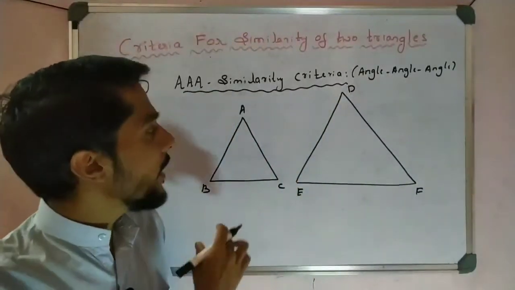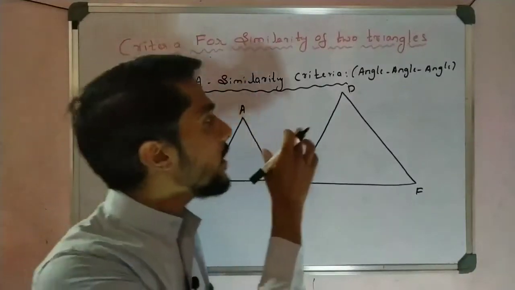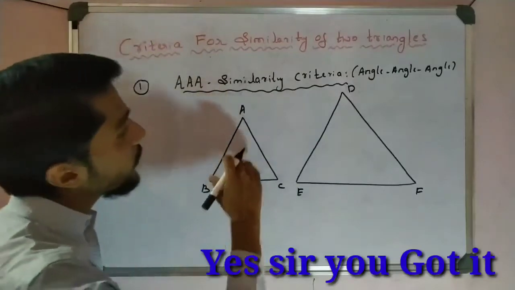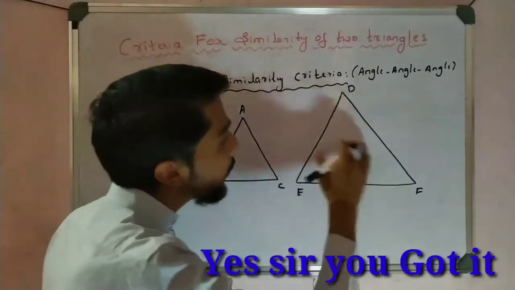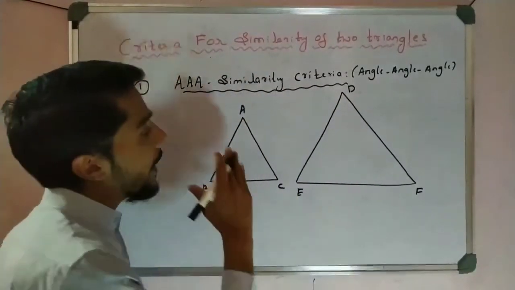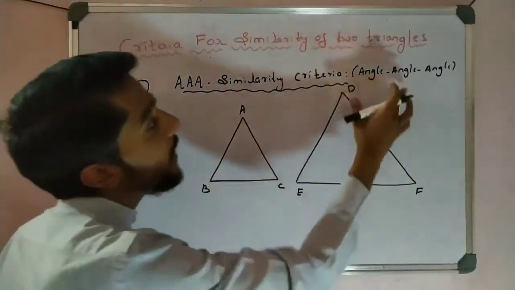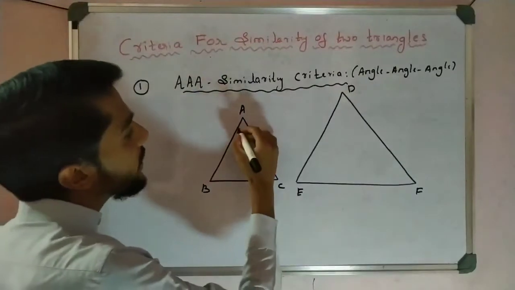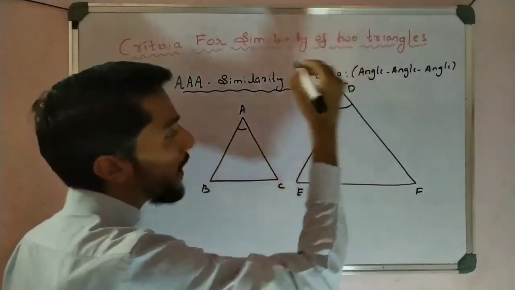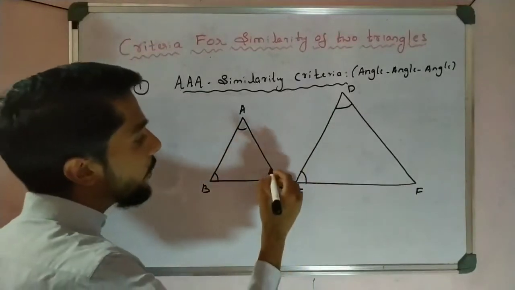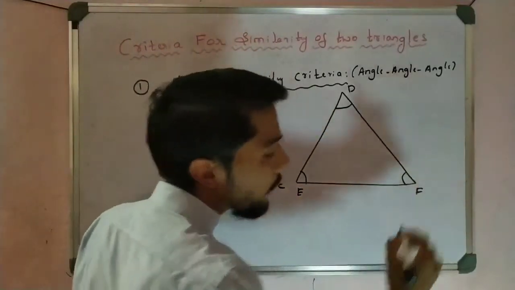Now we have to say whether triangle ABC and triangle DEF are similar, yes or no. In this case we check the three angles. If this angle is equal to the corresponding angle, this angle B is equal to its corresponding angle, and angle C corresponds to angle F.